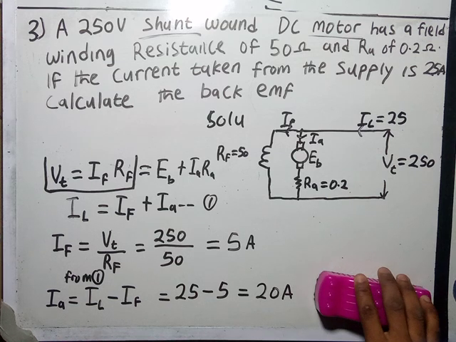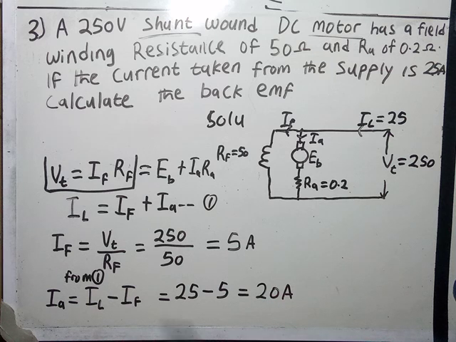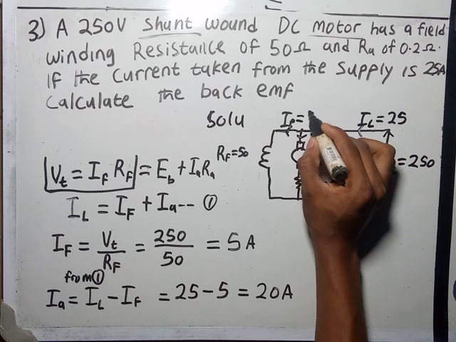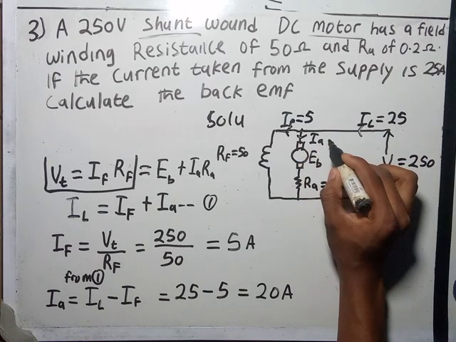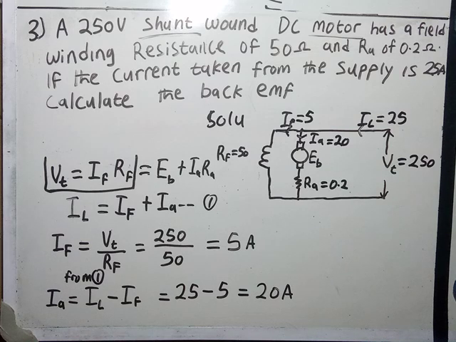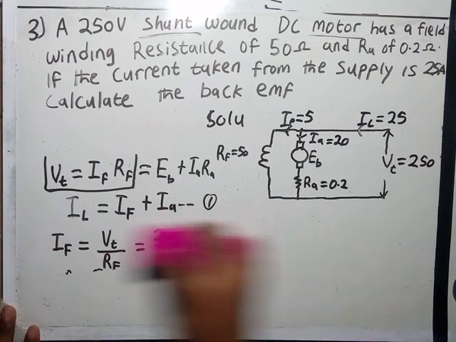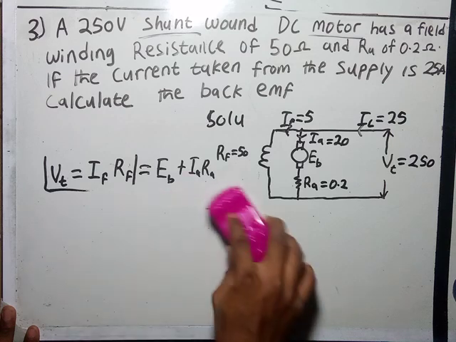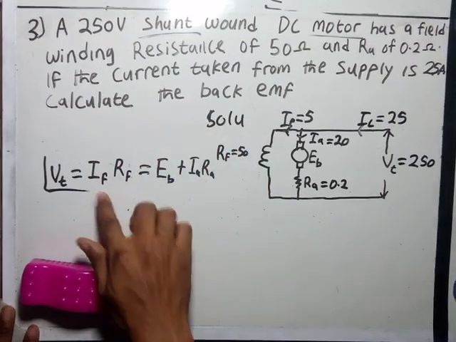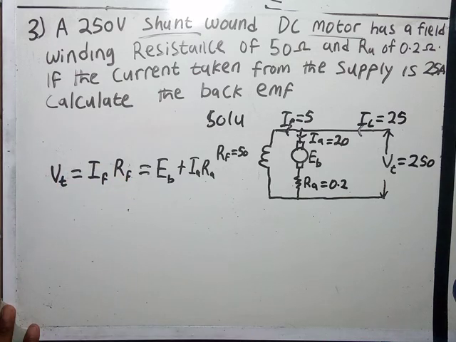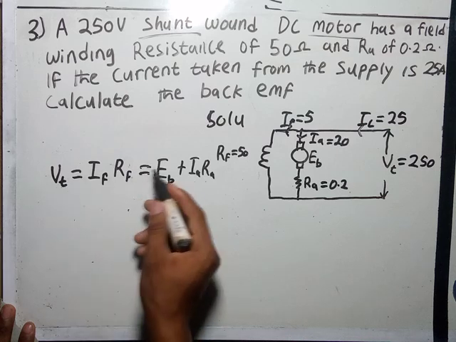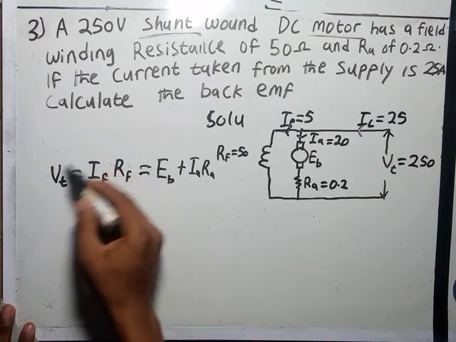Let us write down the parameters that we have gotten. We know that our IF is 5 and IA is 20 ampere. Now you can either use this or this, whichever you choose, as they are all the same thing.